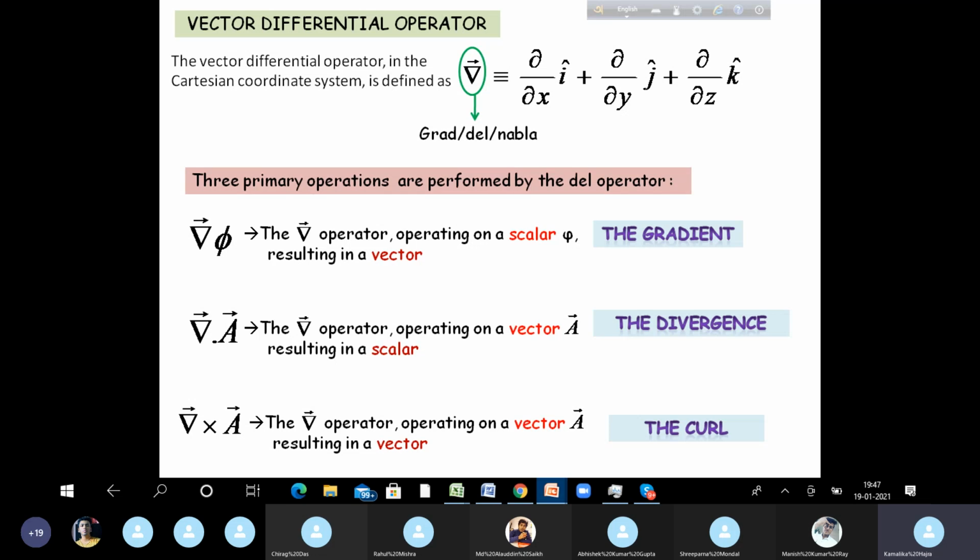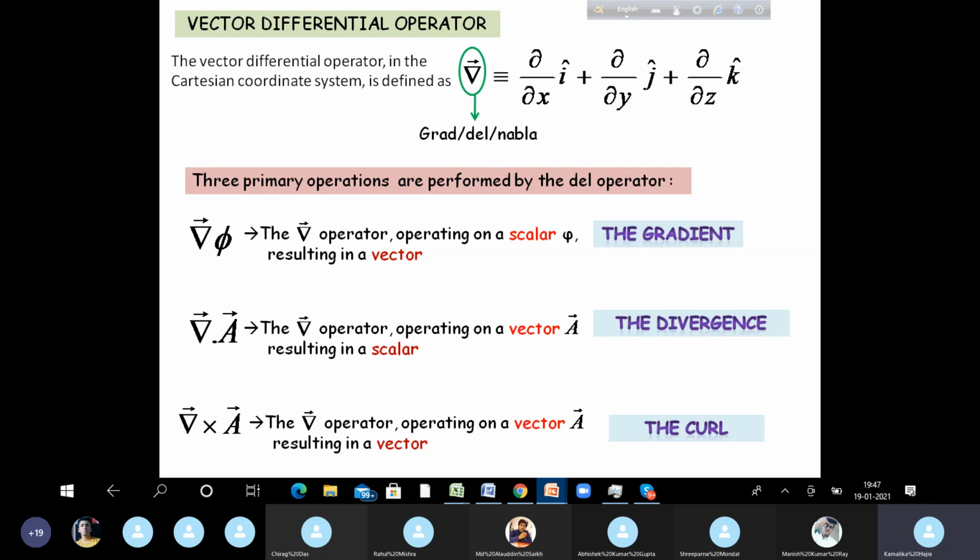So per se now you know the gradient, divergence, and curl. You know the formula of the dot product, you know the formula of the cross product, and you know the expression of the del operator or the grad operator. So if you are given a scalar, you can quickly take the partial derivatives and write down its gradient.